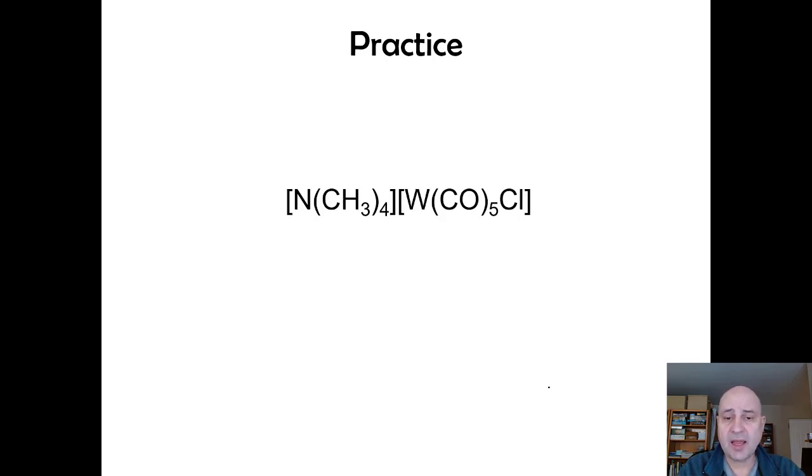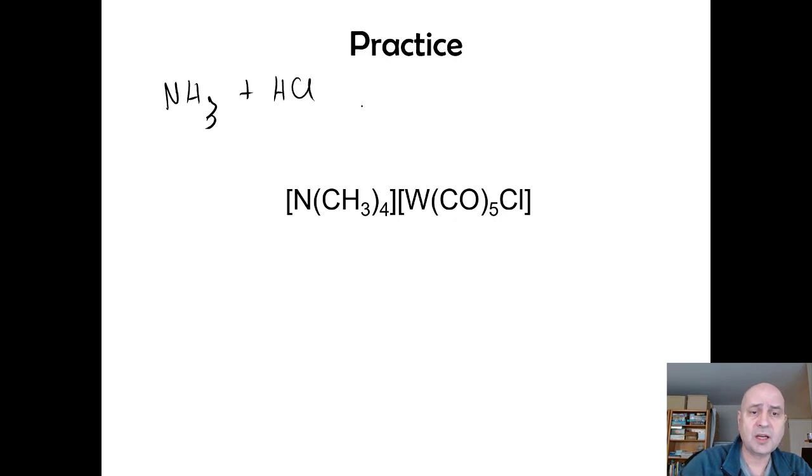Here we have a cation and an anion. I expect you to be able to name this cation here. We have a nitrogen with 4 groups, which is an ammonium salt. If you have any amine, whether it's ammonia or triethylamine or any amine, right? If you add hydrochloric acid to it or any kind of acid, what you're going to end up with is a salt.